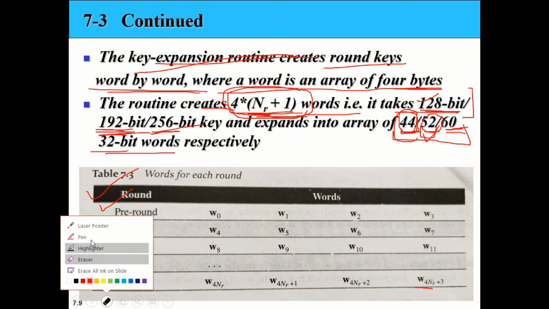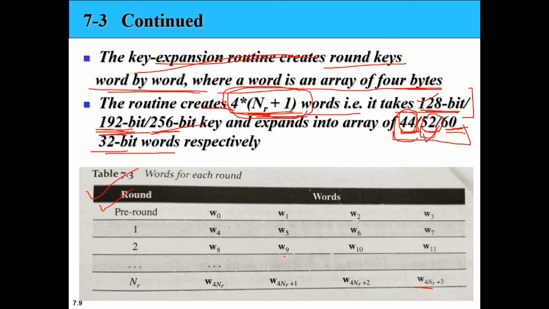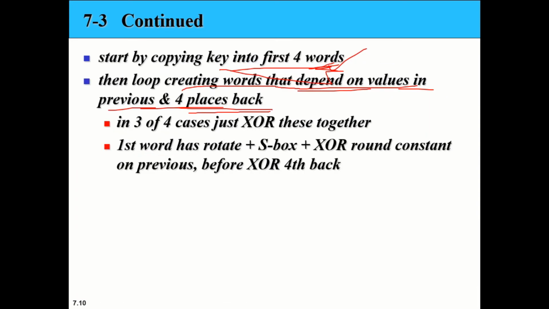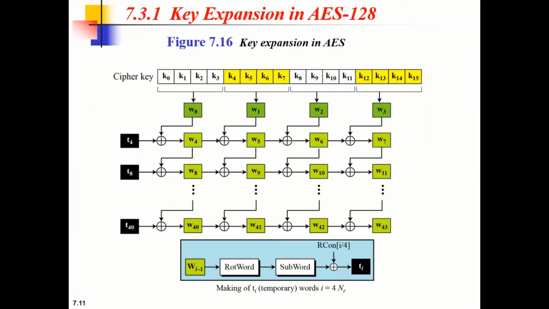For this we have a rule which says that if the word subscript is divisible by 4, then this word depends on the word above it, or we can say the word which is 4 steps back, and one more temporary word which we represent as t, right? So I'll show you the diagram now. Now you will understand it.